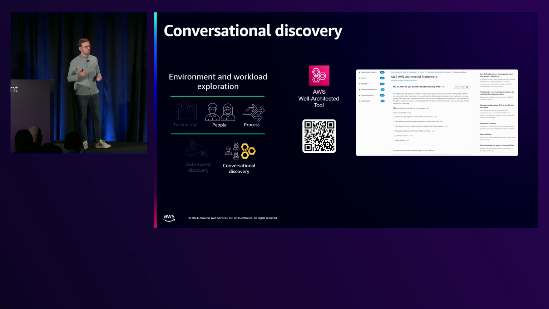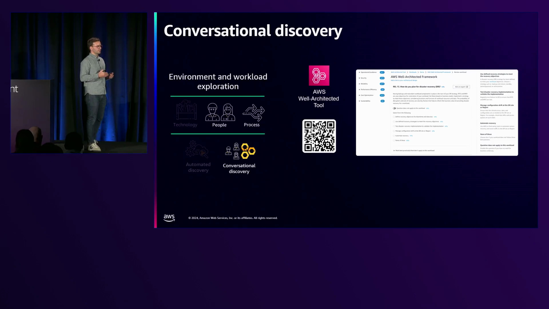The second one is the custom lens. So same as the classic lens, but here you can bring your own specific needs in terms of business. So you can add your own questions, your own best practices, that you can then share with all the organization.